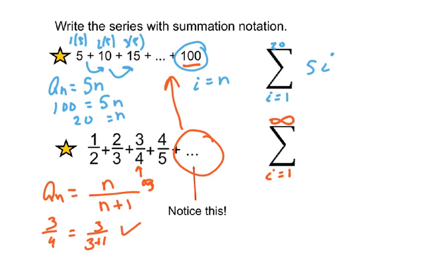We are going to add up an infinite number of terms. And those terms are found from the rule we found for the sequence. So I'm just going to make the change from n to i over i plus 1. This can also be written as n equals 1 to infinity of n over n plus 1 if you like that better. It really does not matter which variable you use.